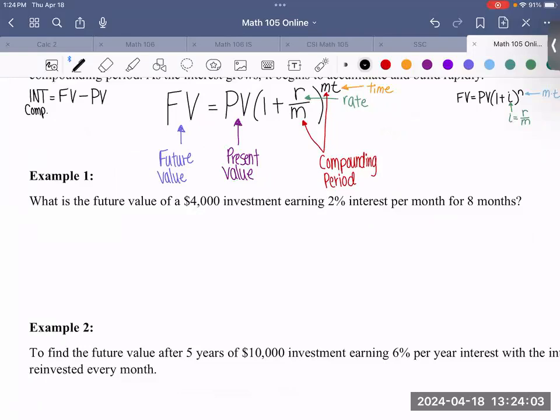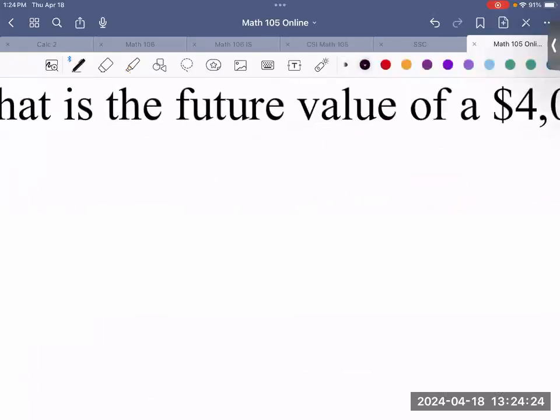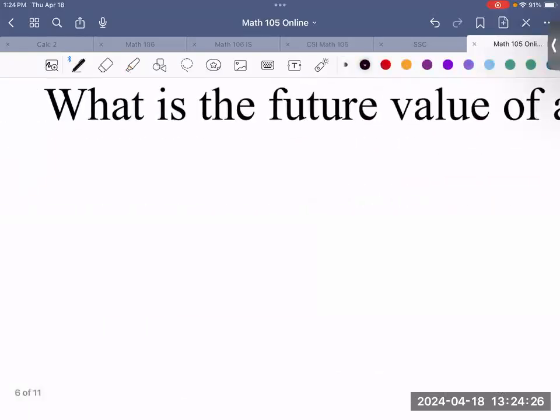It says, what is the future value of a $4,000 investment earning 2% interest per month for 8 months? Now, this monthly amount that is matching, that's good. We want to see that. If not, we're going to have to convert one into another at times. So your future value of your present value, which is $4,000.